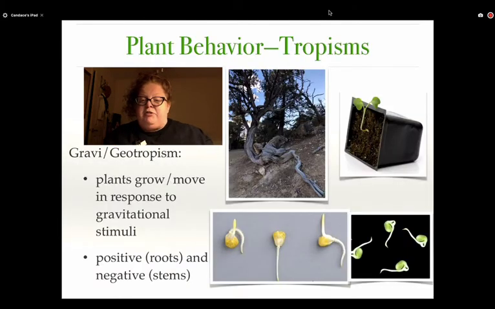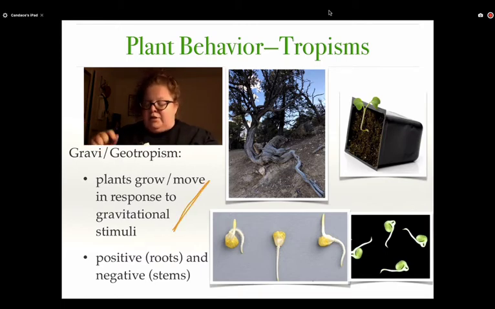Now, another type of tropism that you may have seen in the past is what's called gravitropism, or you'll see it called geotropism, and it has to do with the gravitational pull of the planet. And so the plant grows or moves in response to that gravitational stimuli. So you can see in this tree here, I took this picture when we went to Grand Canyon a few years ago, that obviously there's been some erosion on the side of this mountain.